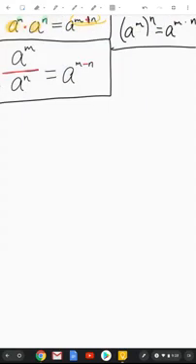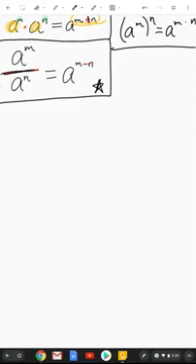Okay, let's talk about division. Let's talk about, oh, I gotta switch to a pen. Let's talk about this one. This rule says that, again, A represents a number. This A at the bottom of this fraction, this red line represents a fraction. A and A are the same number.